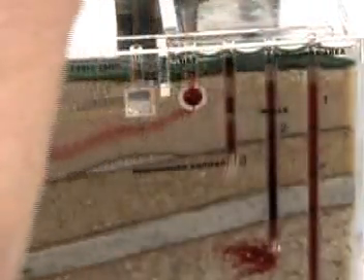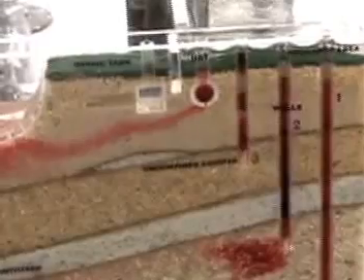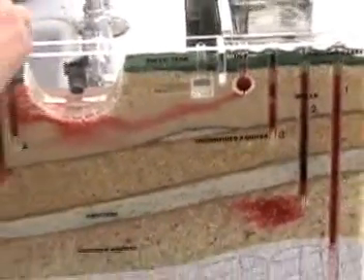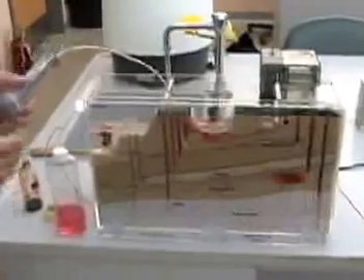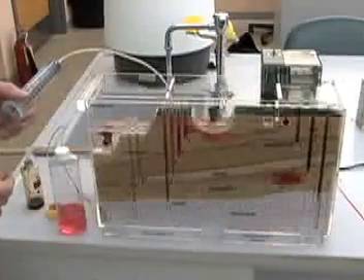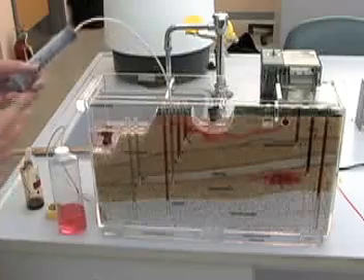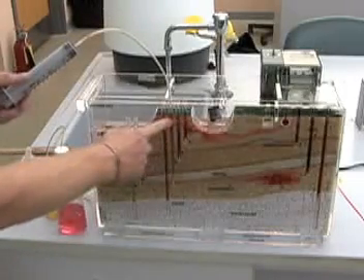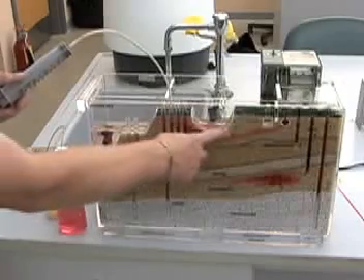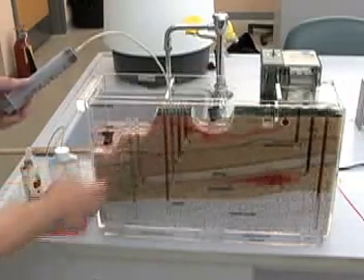Now if we have another plume of pollutants coming along, we can actually see the pollution making its way past the lake along the aquifer.